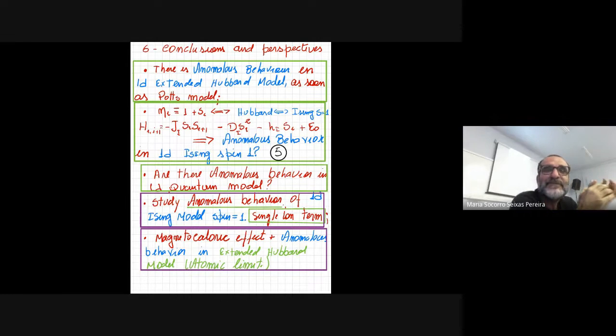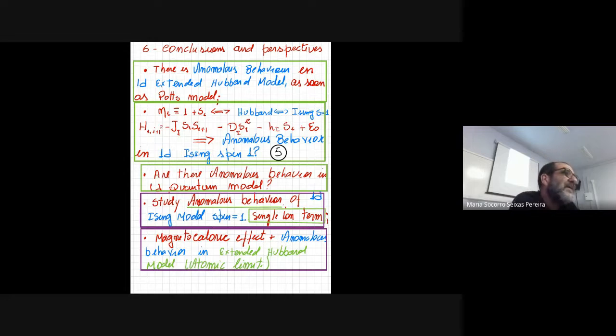The first question is: does spin 1 in one dimension have pseudo transition? The answer is no at this moment. You didn't find pseudo transition in the one-dimensional Ising model. Probably the pseudo transition in spin 1 in one dimension is hiding, as it is hiding in Ising spin half. More study about this is necessary.